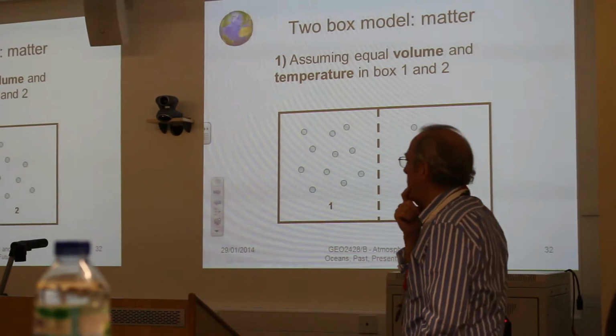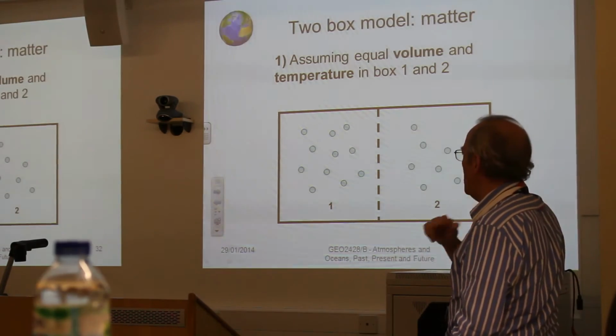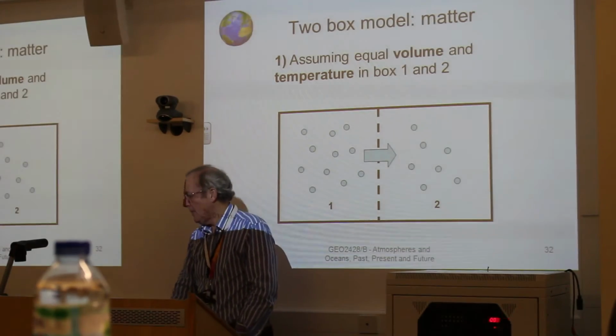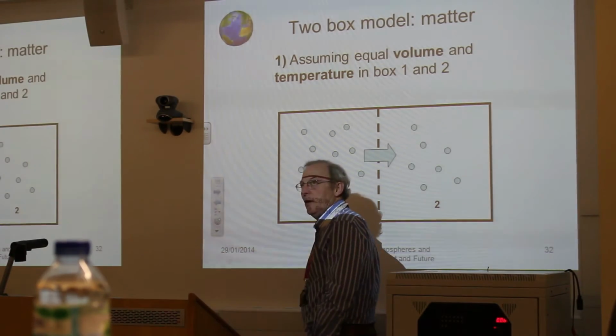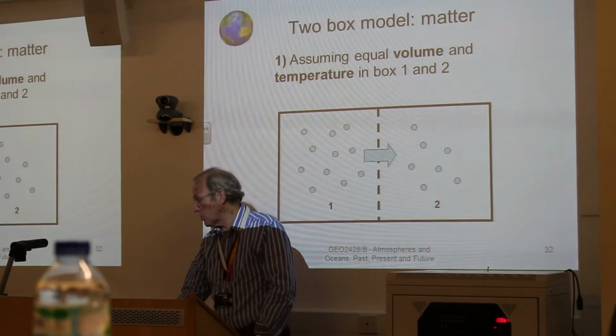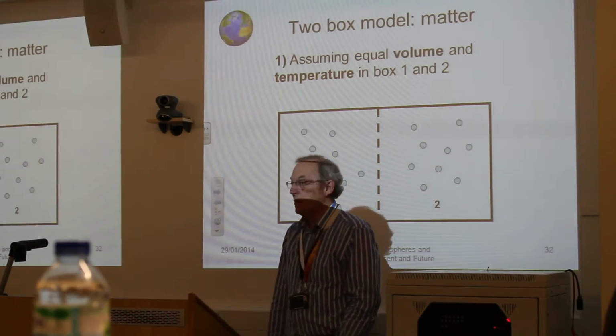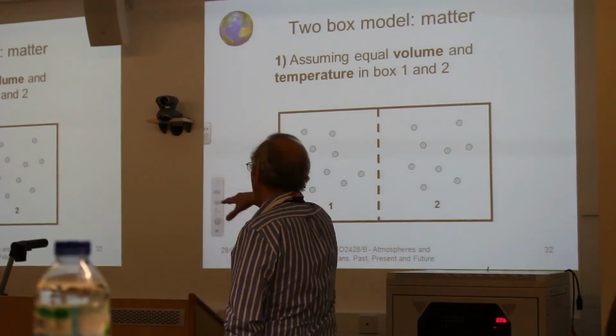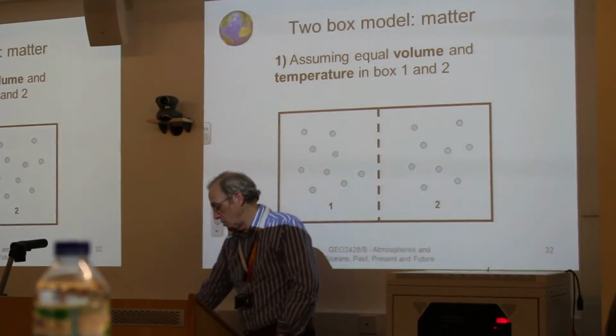What happens to matter? If volume and temperature are the same, you've got different matter in box 1 and box 2, you can move matter from box 1 to box 2, and we can predict the amount of matter that's going to move.